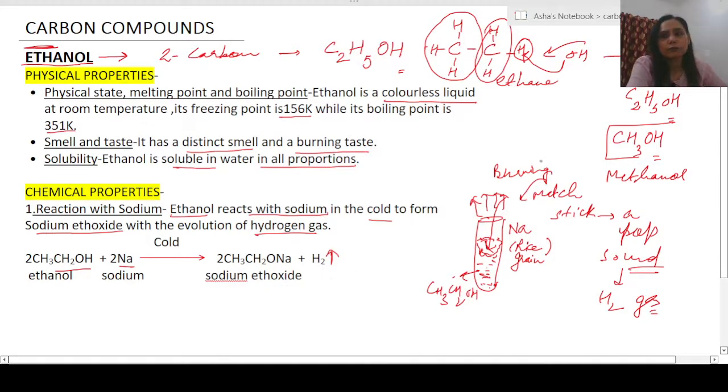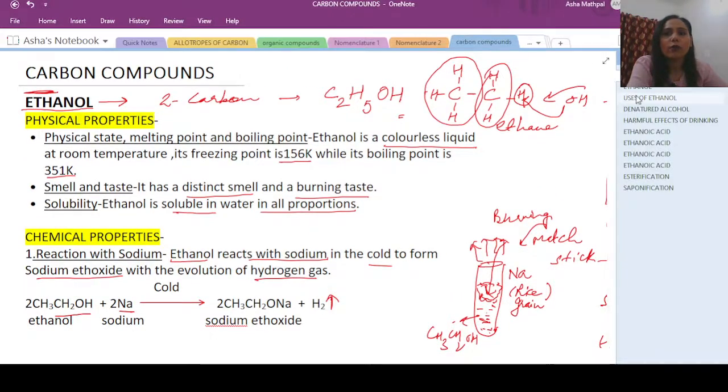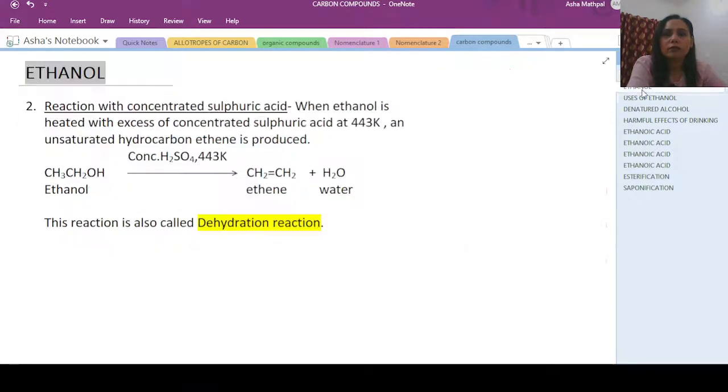Now let us go to the next property, what happens when we use it with the other dehydrating agents. Reaction with concentrated sulfuric acid.